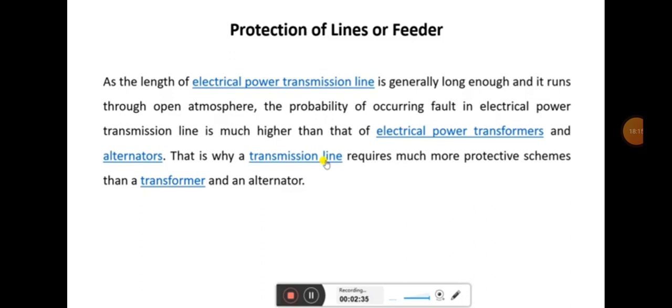That is why a transmission line requires much more protective schemes than a transformer and an alternator. So the same thing we have discussed: compared to the alternator, transformer or generators, the distribution and transmission lines must be given more security compared to these equipments.